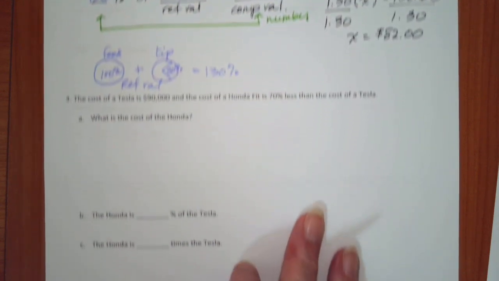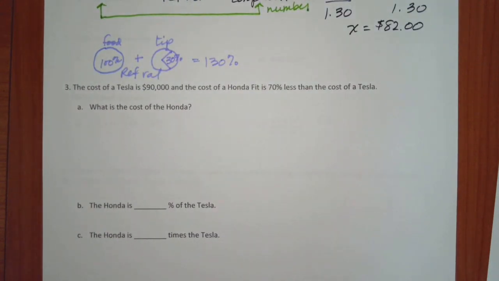Okay. The cost of a Tesla is $90,000 and the cost of a Honda Fit is 70% less than the cost of a Tesla. I actually think it's a little bit less than that. Okay, so what is the cost of the Honda?